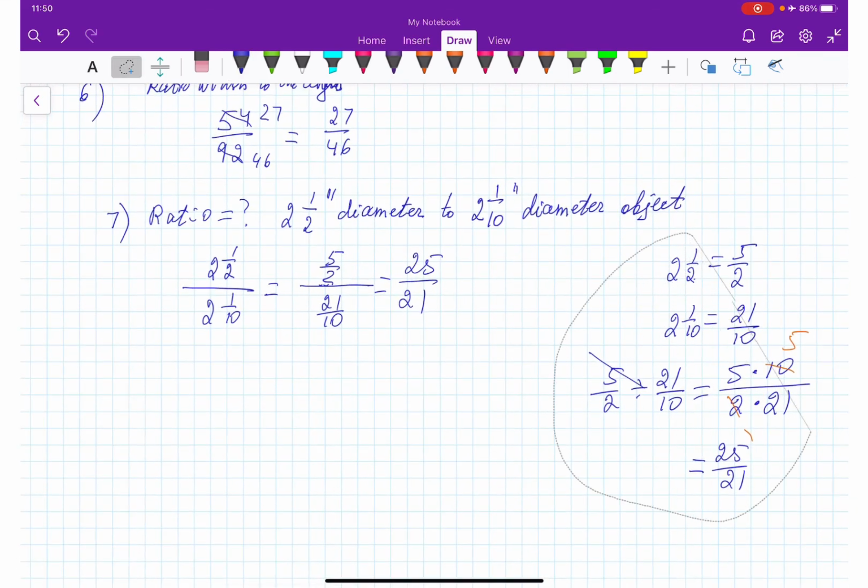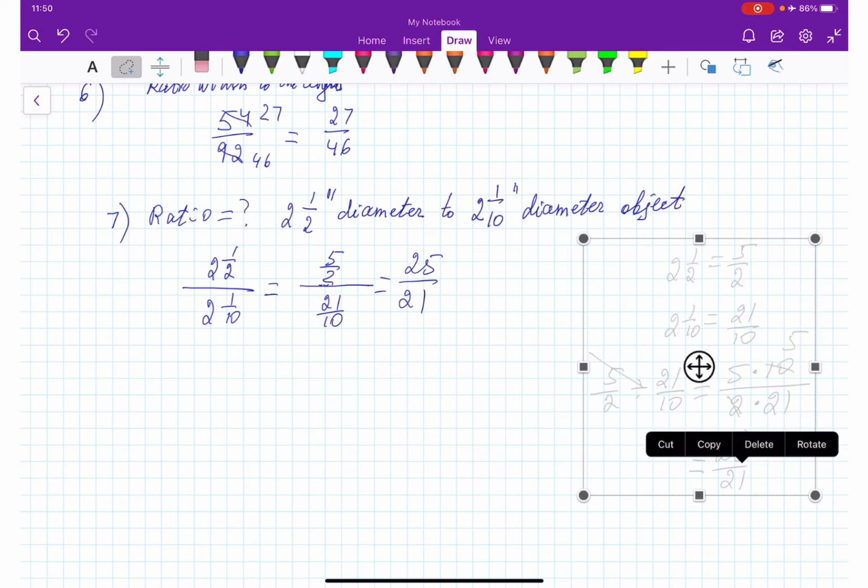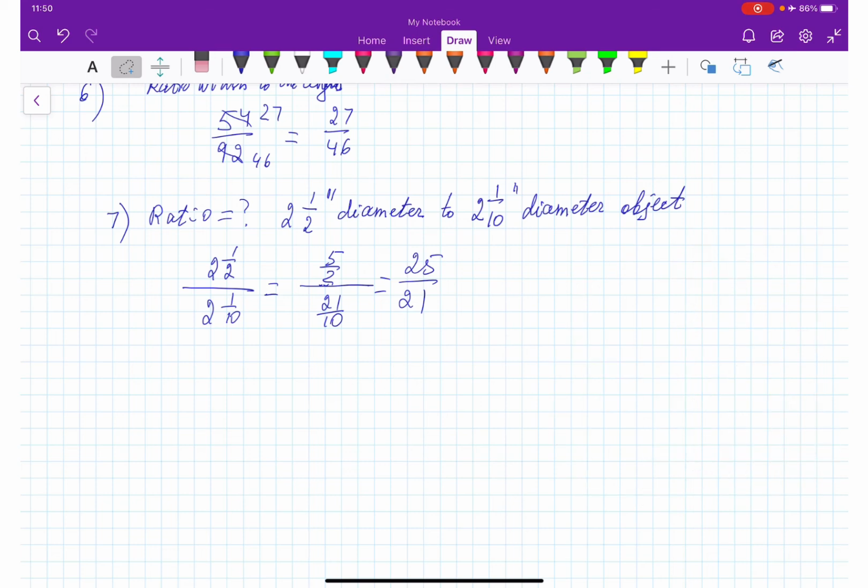Let me clean this so we would have it nicely. Next one, question number 8. Now we are moving to solve proportion. Okay, we are going to solve proportion.